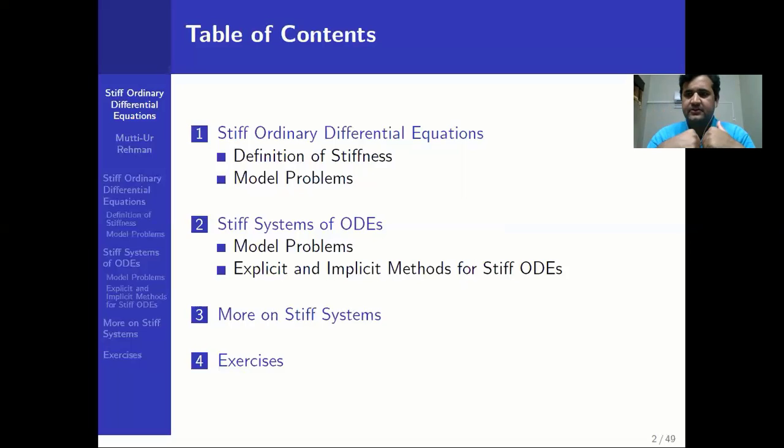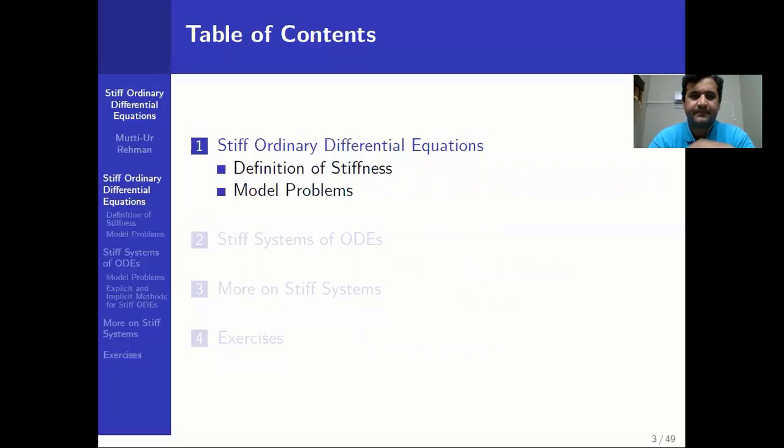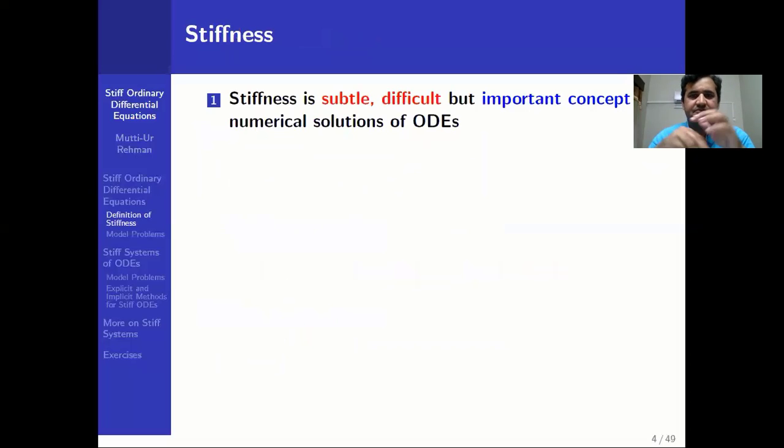Again, I will consider two model problems, and I will use explicit and implicit Euler methods in order to understand these stiff systems of ordinary differential equations. And then I will share with you some data which will give you more information about stiff systems. And then finally, there are a few exercises, if you like, you can try them. Okay, so let's begin with our first part.